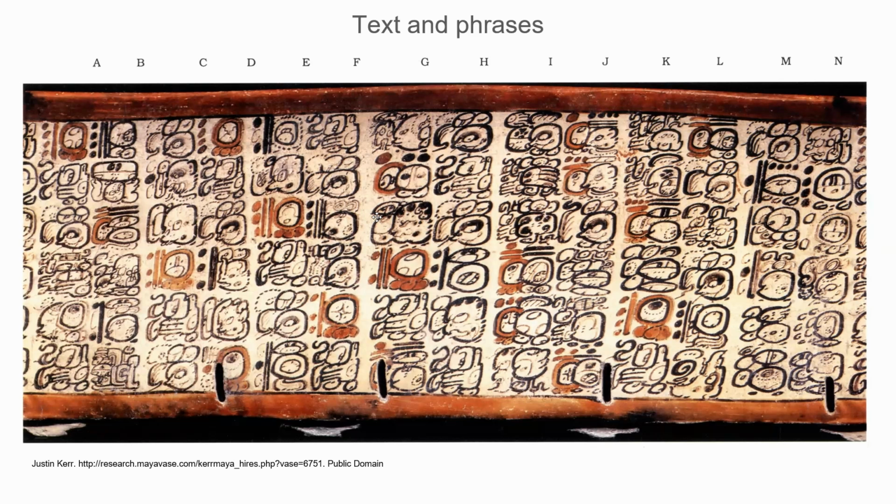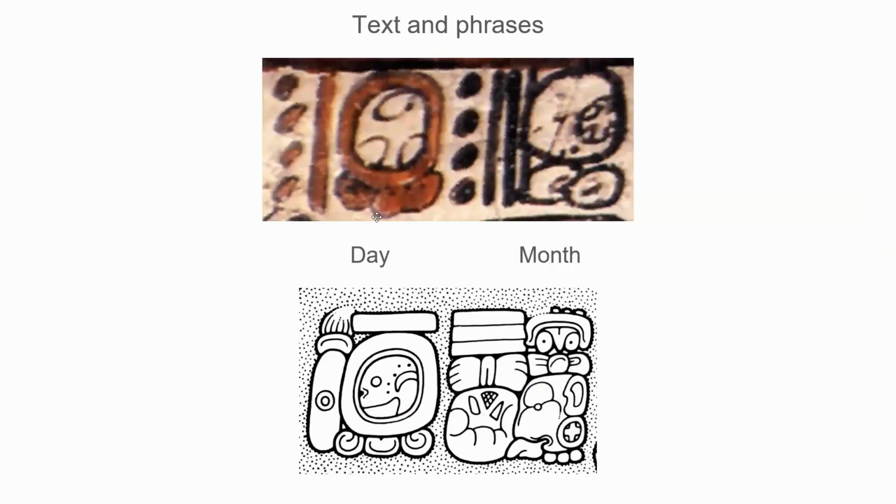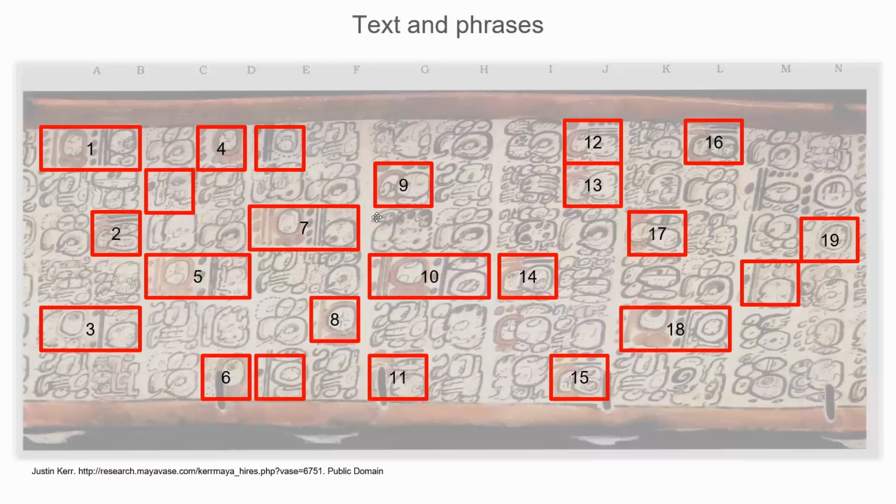And this calendrical structure, this day and month information, gives structure to the text itself. And we know that as a subphrase, it always starts with a new calendar date.